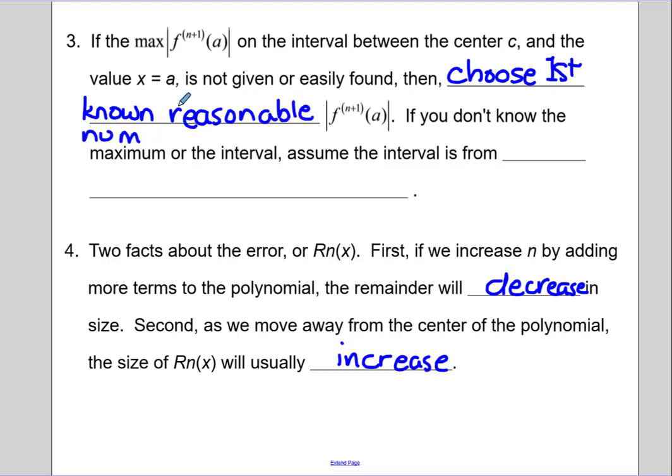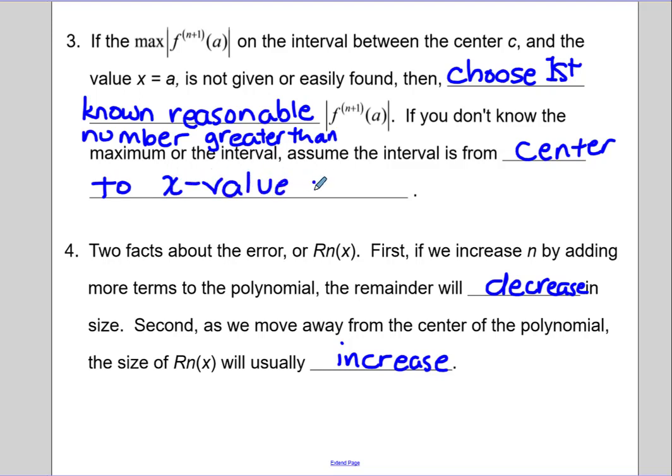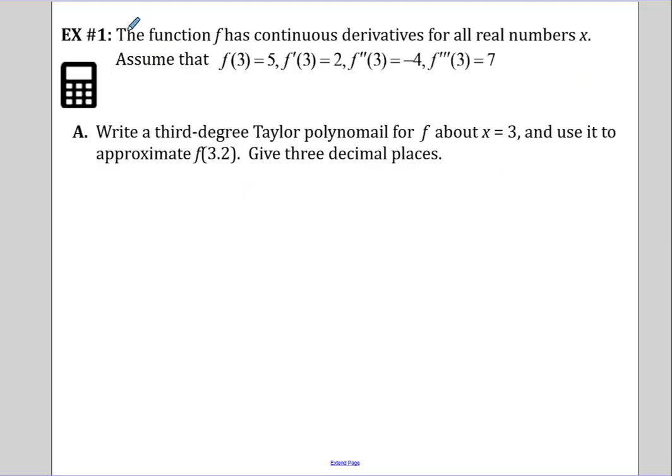I'm going to say first, choose the first known reasonable number greater than that derivative. And if you don't know the maximum or the interval, we can assume the interval is from the center to the x value we're using. And I think that's the end of the vocabulary, just kind of formalizing this idea here.